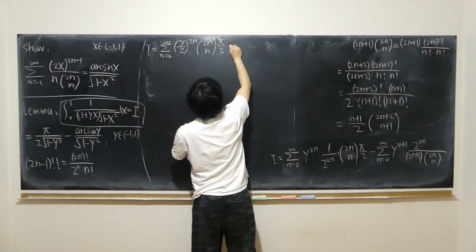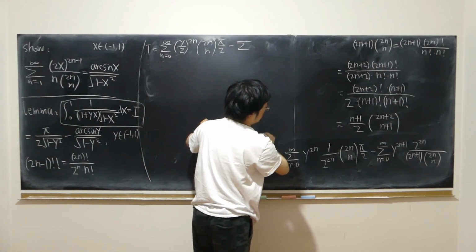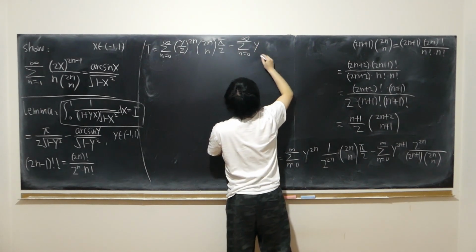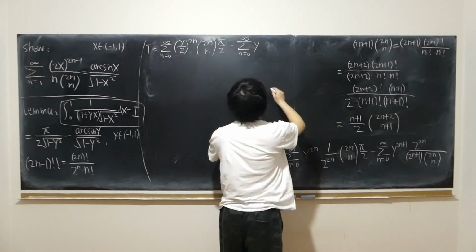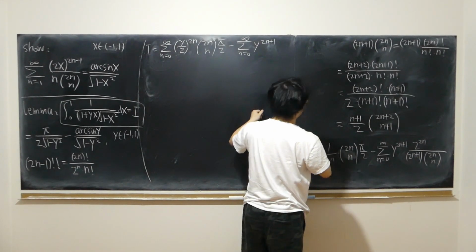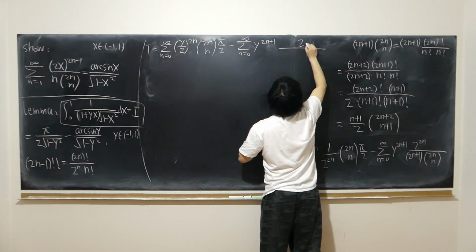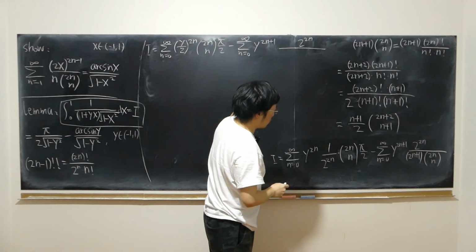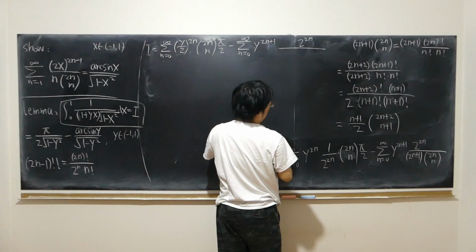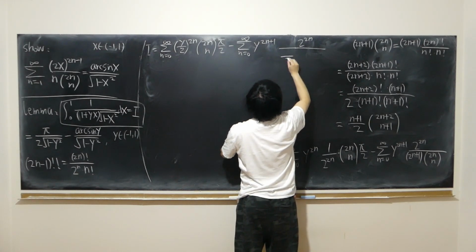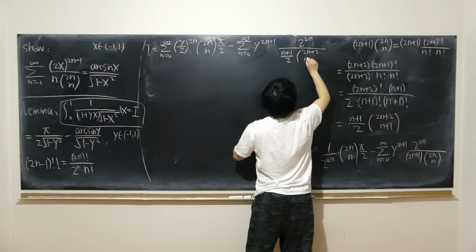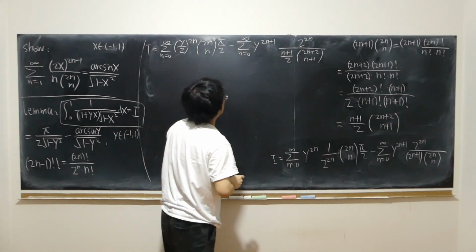Then minus, n goes with 0, y to the 2n plus 1 times, copy down 2 to the 2n. Then the bottom, like I said, becomes just this: half n plus 1 times 2n plus 2 choose n plus 1. Right, that's at the bottom.